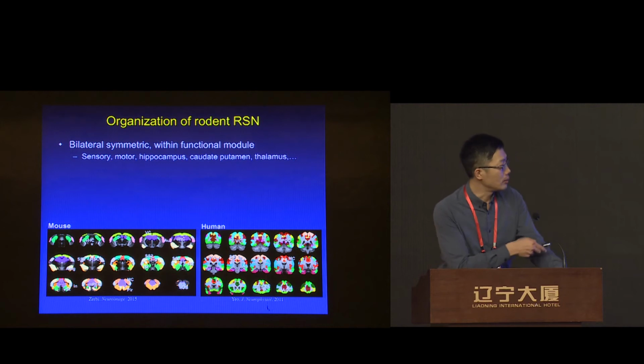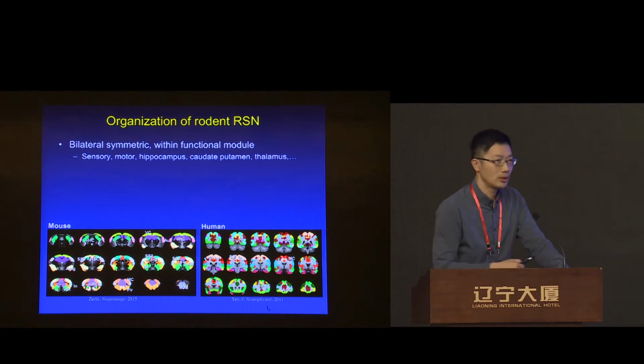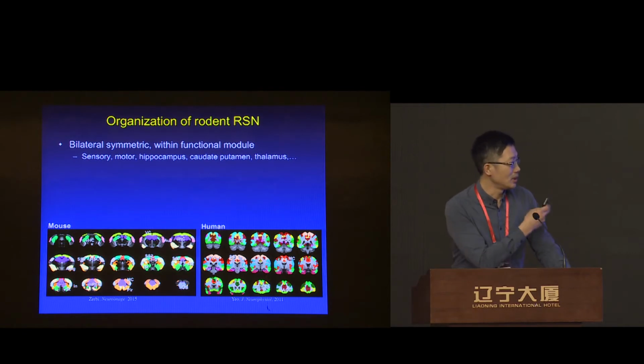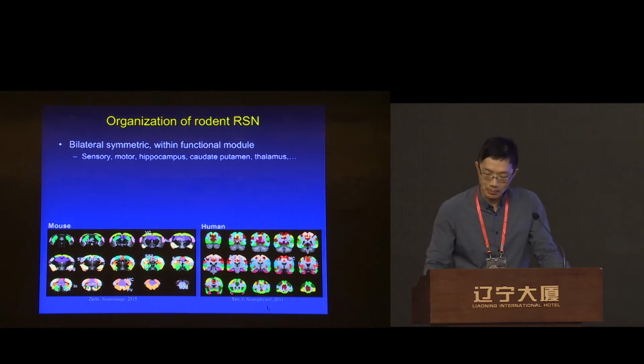If you compare to the human, we can see a lot of similarity, a very bilateral symmetric network. But there are also some networks that are probably more unique to rodents. For example, the piriform cortex, which is the olfactory cortex of the rodent, is much stronger, whereas you don't see that in the human because rodents rely on it more.